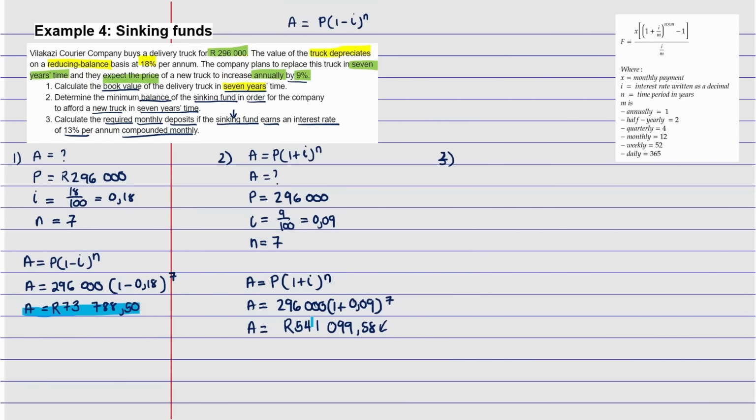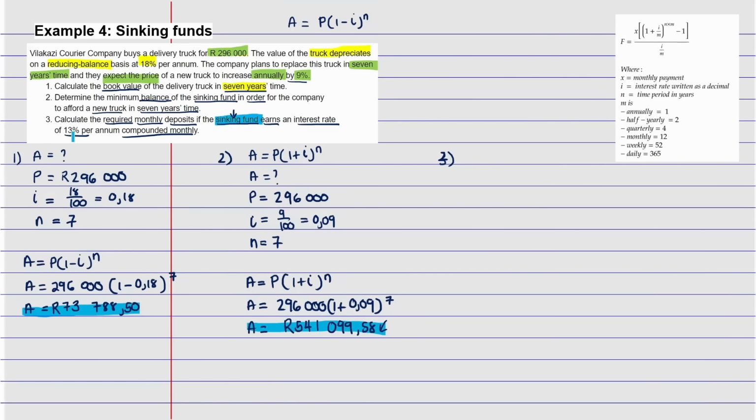Then the future truck that we want is going to cost this amount. Then we're going to take the difference, because we're going to deposit the 73,788 into the new car. So we take the difference of these two, and the remaining amount is the one that we create a sinking fund for. I hope that makes sense.